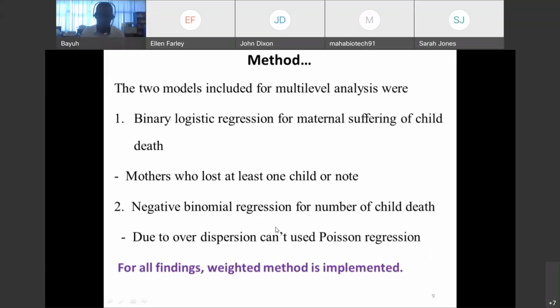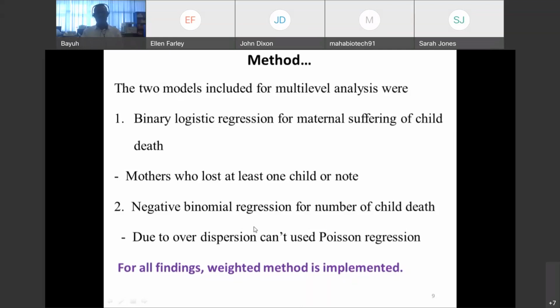The second is negative binomial regression for the number of child deaths. The number of child deaths for each woman has a minimum of 0 and a maximum of 13 in the Sub-Saharan Africa data included in this analysis. So for each woman it is 0, 1, 2, 3, 4, 5, and so on. So it is called a count. For counts, Poisson regression is used. In Poisson regression, when the variance is greater than the mean, that is overdispersion. Overdispersion in Poisson regression is treated by negative binomial regression.